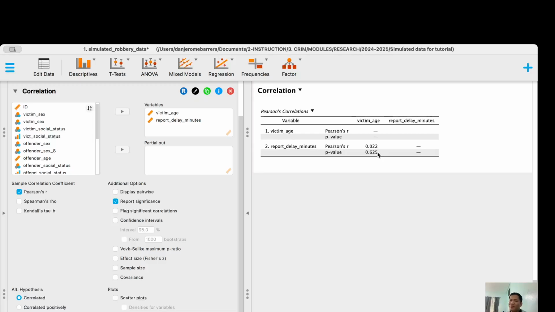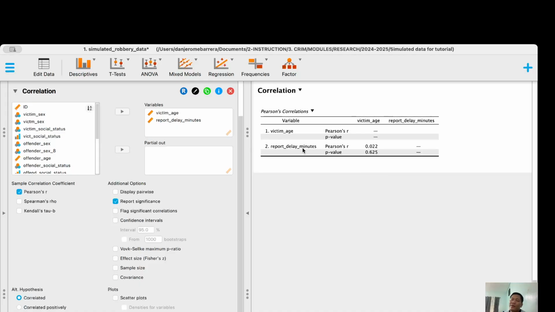What we are looking for is equal or below 5%, and that is 0.05. But here the p-value is 0.625. So there's no significant relationship between victim's age and reporting delays. In other words, victim's age does not affect reporting delays.